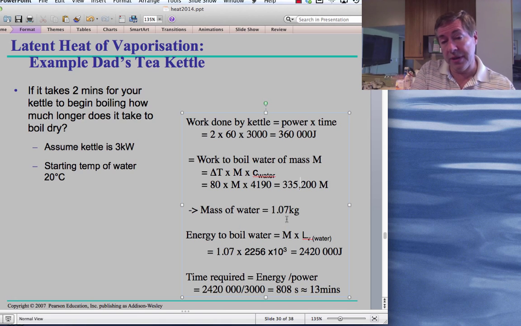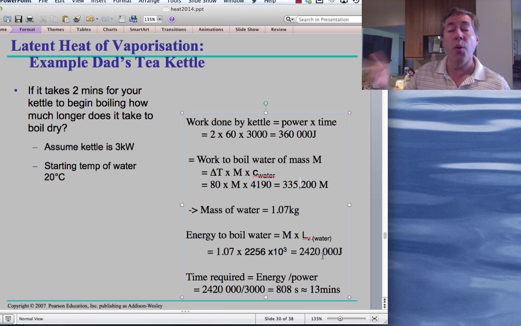Now, we've figured out in this problem we have 1.07 kilograms of water. Once I've brought it to the boiling point, how long is it going to take to boil that whole kilogram of water away? Well, here's the big number, 2 million joules. 2,256,000 joules times 1.07, a little more than a kilogram.